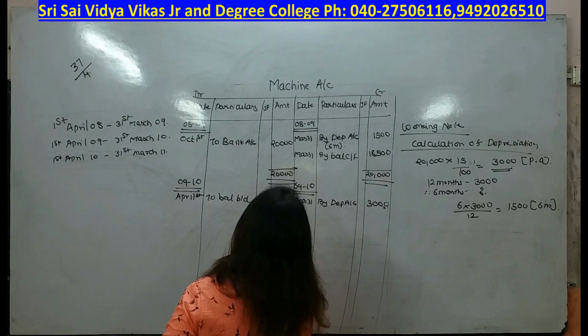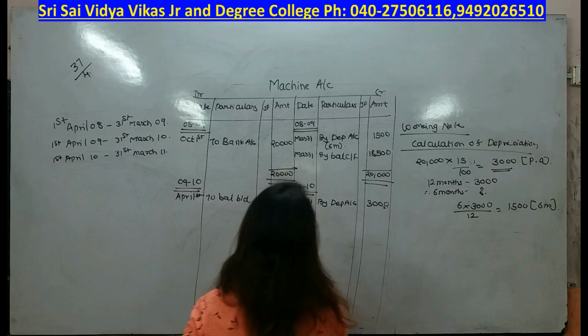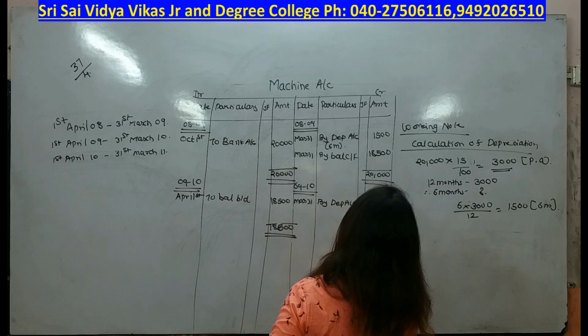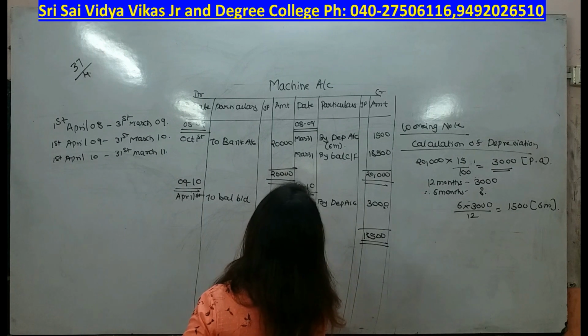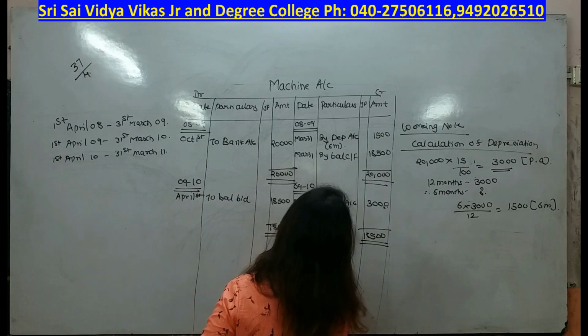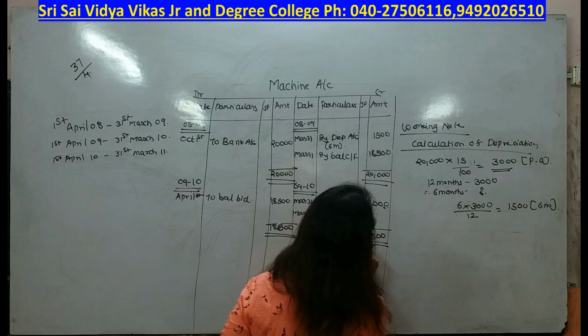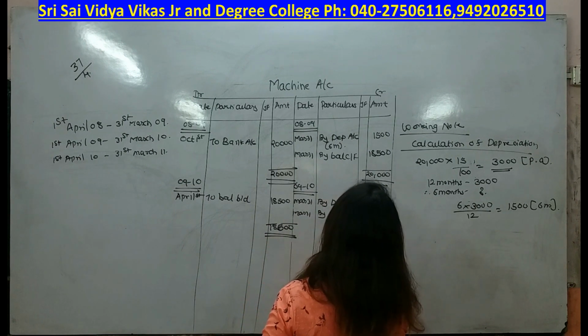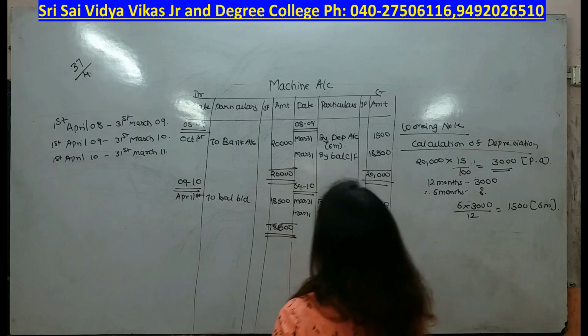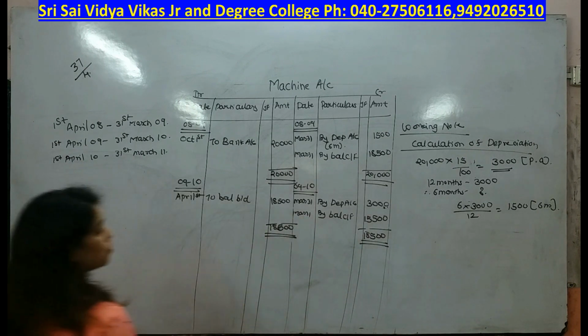So when we have started this year, the value was 18,500. At the end of the year, value will become March 31st by balance carry forward 18,500 minus 3,000, that is 15,500 will be the value at the end of the year.